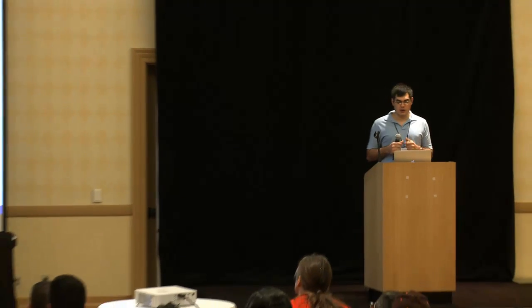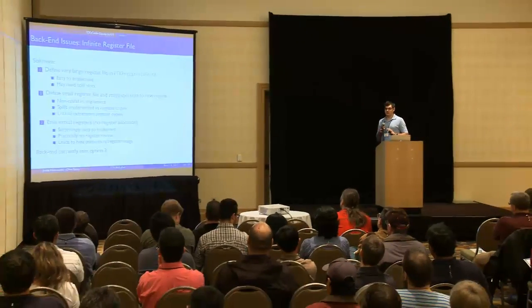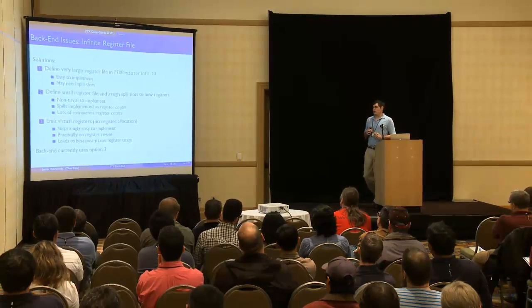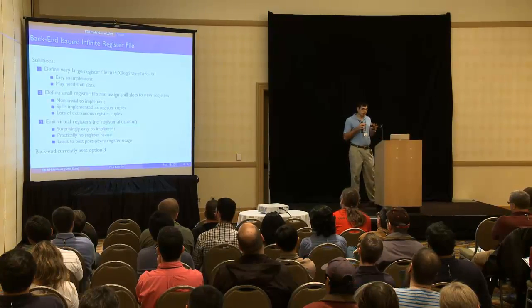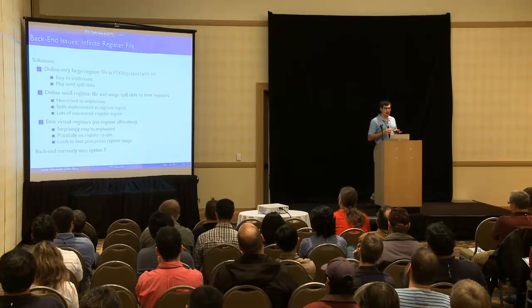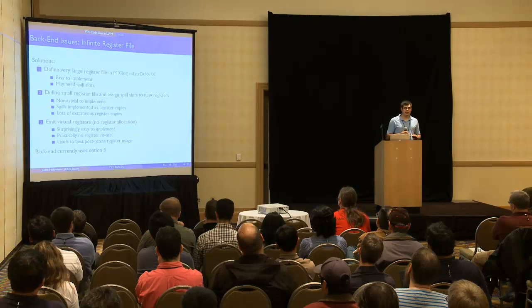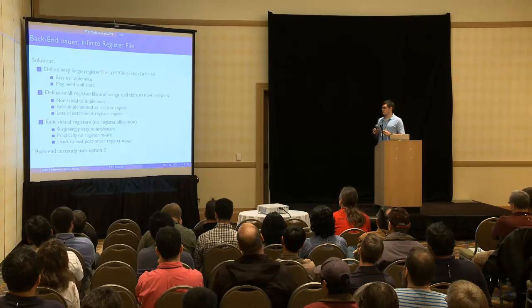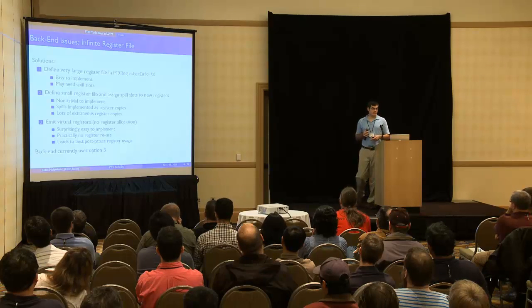The third solution, and the solution we're actually using now, is to just not do register allocation at all. We will physically disable register allocation within LLVM, and in the PTX file, we will emit the LLVM virtual registers.